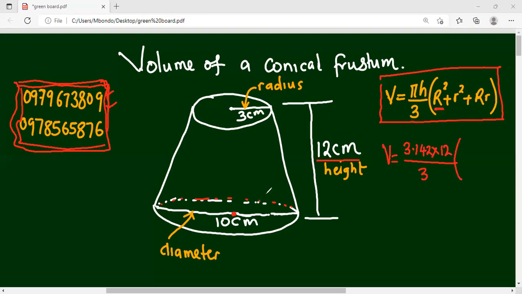We divide the diameter by 2, so that is going to be 5 squared, plus the radius of the smaller circle, which is 3, squared, then 5 multiplied by 3. We close brackets.